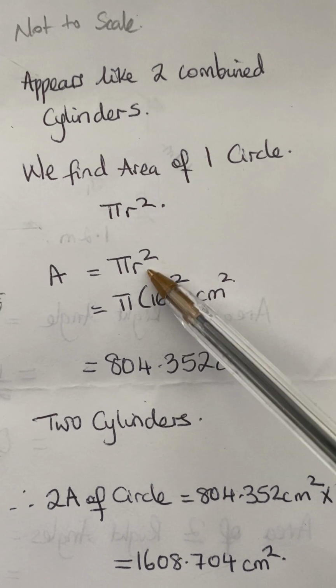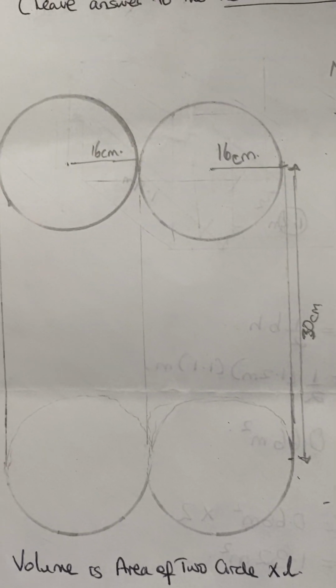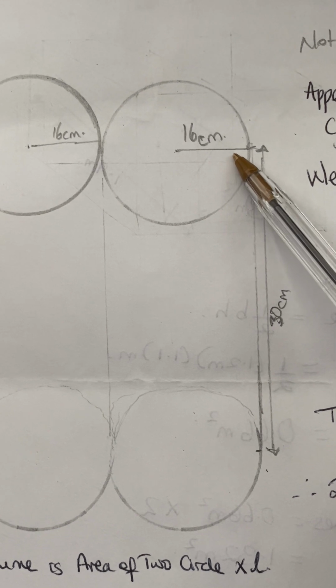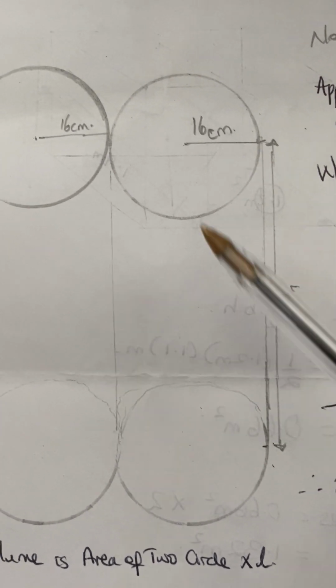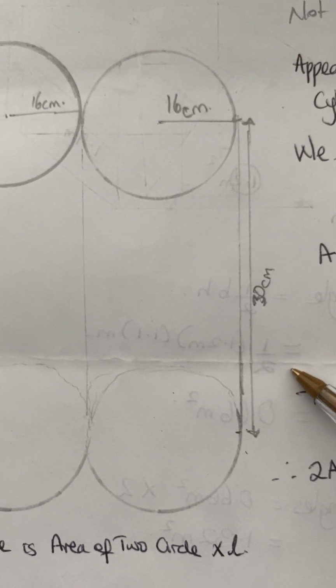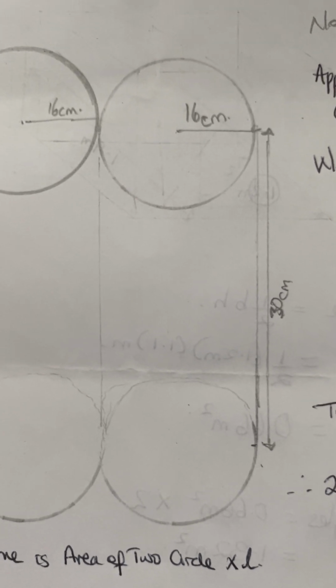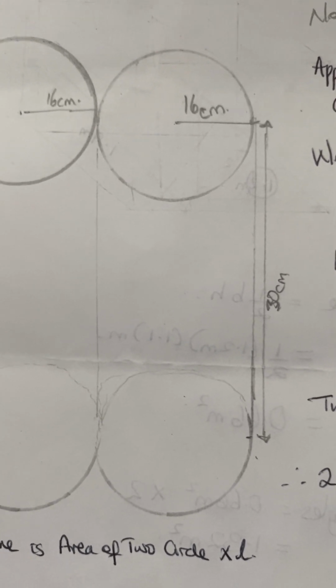The radius is 16 centimeters. All our units are in centimeters, so our answer will be in cubic centimeters if we find the volume.